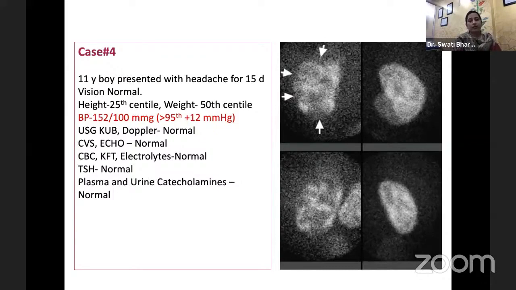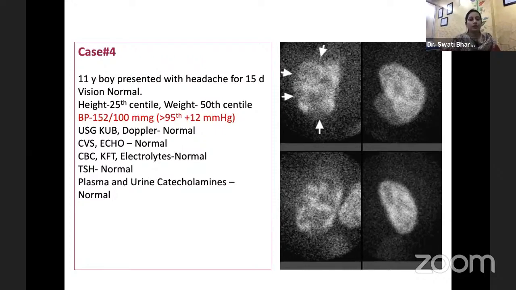Obviously, renal and renovascular diseases are the most common causes of secondary hypertension in childhood. Ultrasound and renal vessel Doppler were normal. His cardiovascular system examination and 2D echo were also normal, and his KFT and electrolytes were also normal. Thyroid functions were normal, and he was also evaluated for endocrine causes.